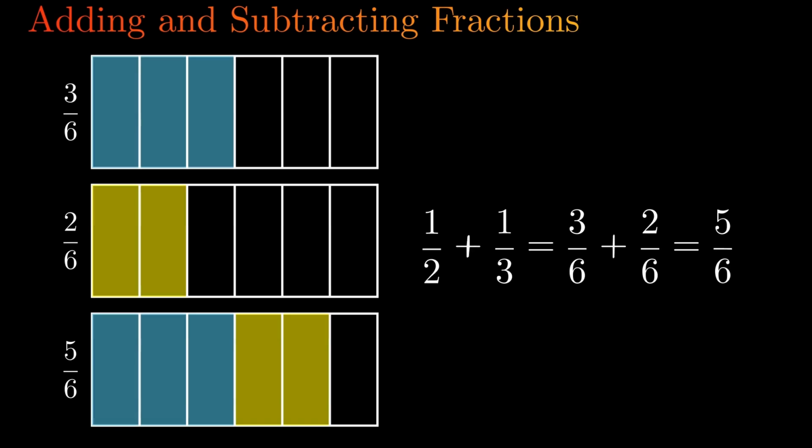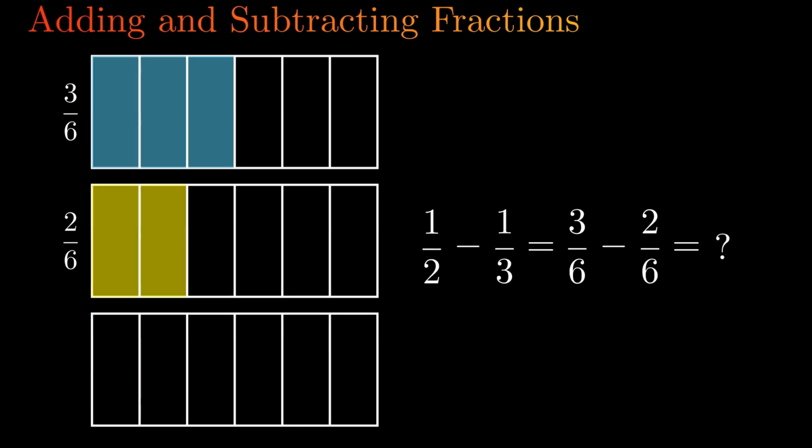Now, what if we want to subtract instead of add? Here is the good news. The process is identical. We still need a common denominator. We still change 1/2 to 3/6 and 1/3 to 2/6. The setup does not change. Here is the only difference.